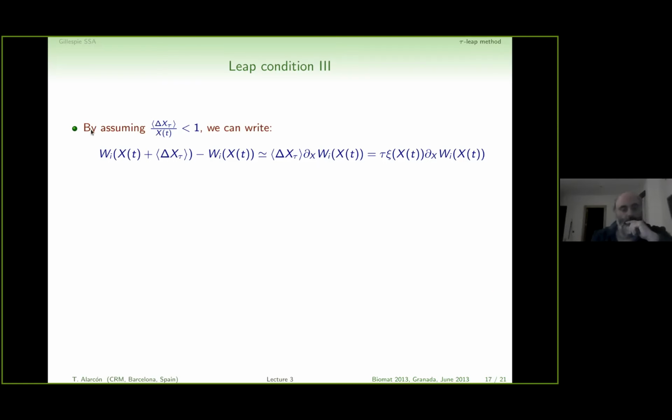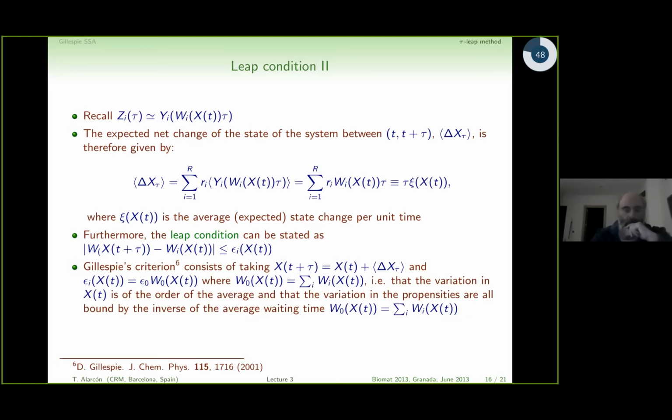By assuming that, recall that we have now said we are going to assume that the change in all the variables is basically of the same order, that the variation of x(t) is of the same order of the average.